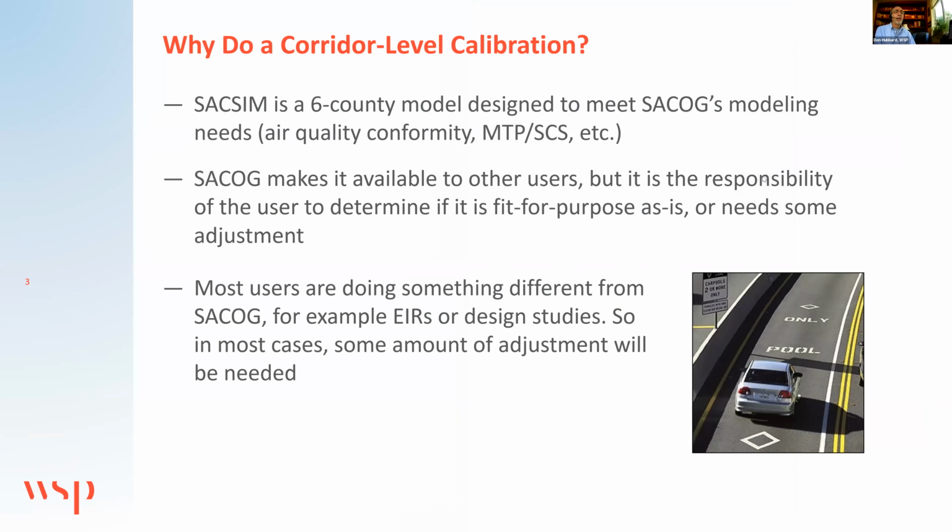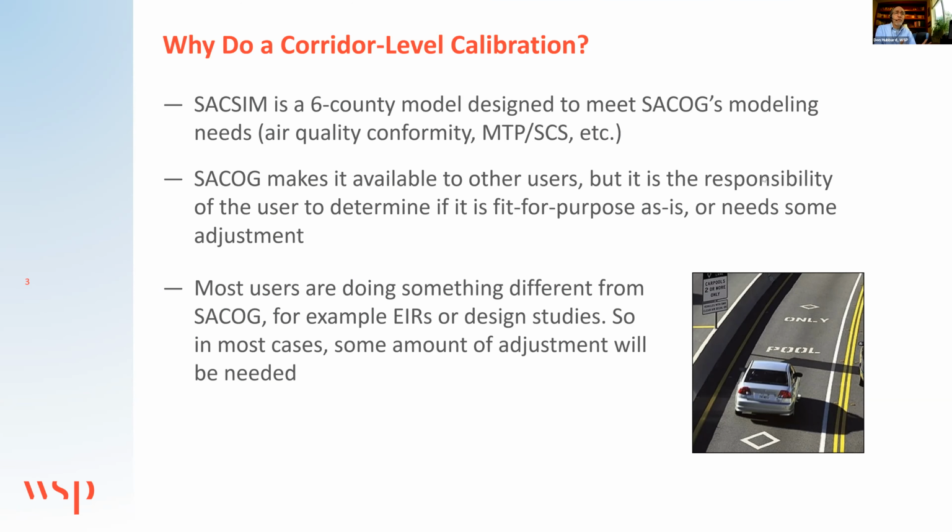Okay, so why do a calibration? The answer is that SACSIM is a 6-county model. It's designed to meet SACOG's modeling needs. So SACOG does air quality conformity, the MTP, SES, things like that. SACOG very kindly makes it available to other users, but it's the responsibility of those users to determine if it's fit for purpose as is, or whether or not it requires some adjustment.